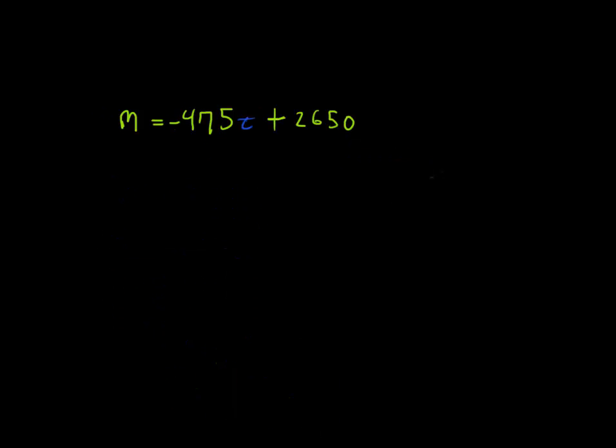Number 14 is bothersome only because there are so many words. Let's have a look at how this equation functions. We've got time and we've got miles. So at 0 time, this equation returns 2,650 miles.